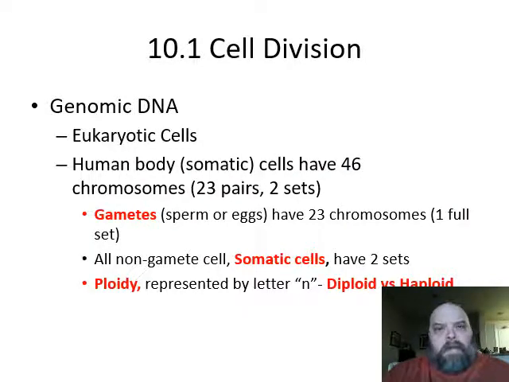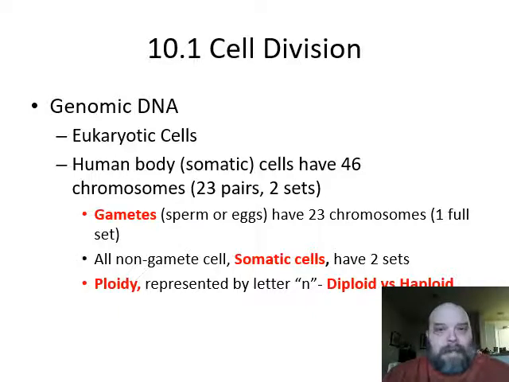When you look at your body, a few vocabulary words we have to get out of the way here. Throughout your body, the majority of the cells in your body that are not either sperm or egg are referred to as somatic cells.